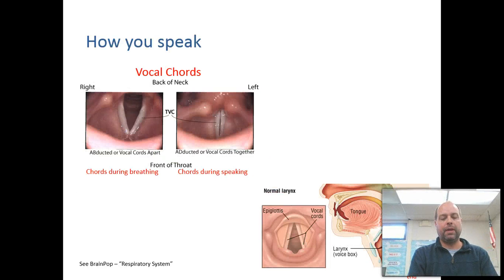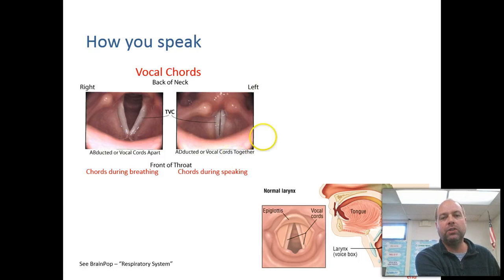All right, how you speak. As Mrs. Kim said, there is the epiglottis right here, which leads down to your larynx and then your bronchi. Air passes through your vocal cords. These are your vocal cords right here, during breathing and then during speaking. During speaking, they're stretched tighter, and as air passes through them, they vibrate back and forth.